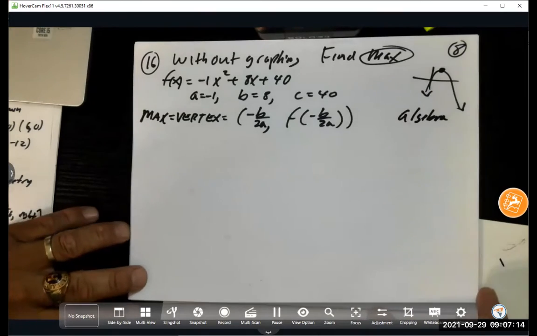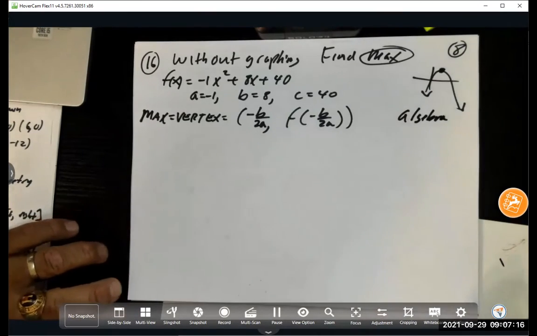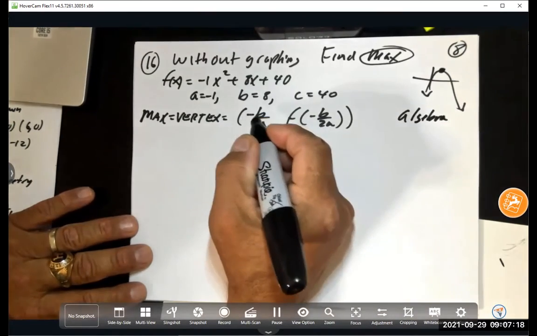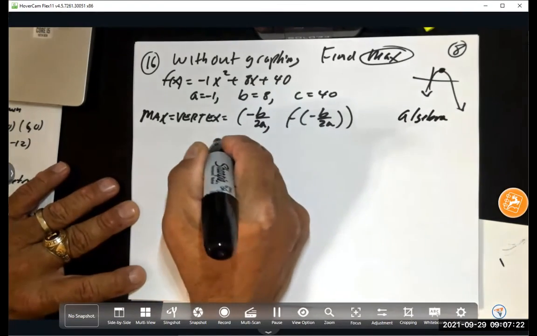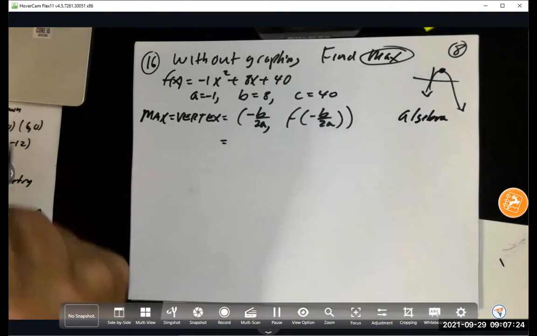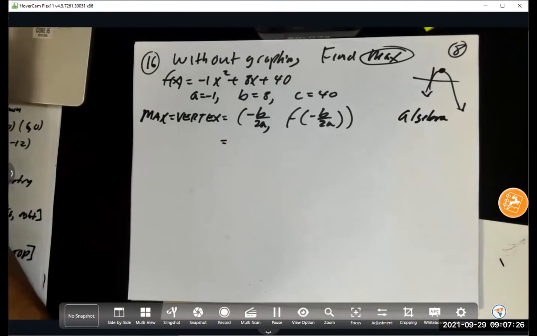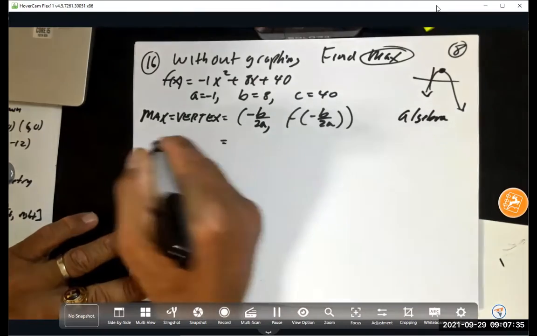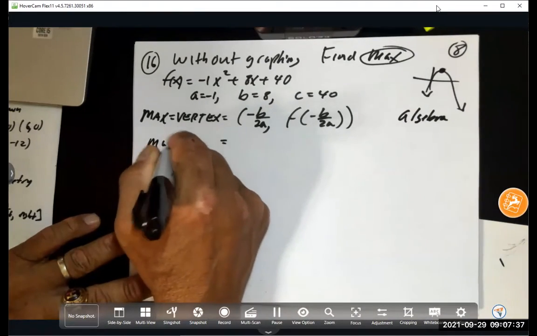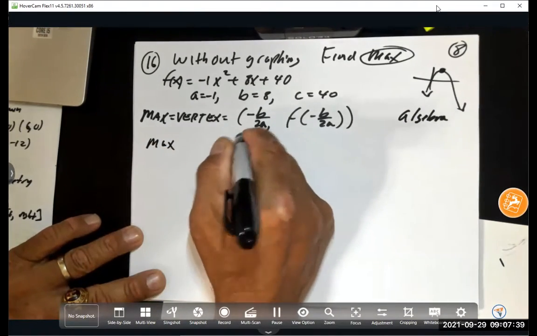So ready? Let's put the numbers in here. So the max: what is letter B?